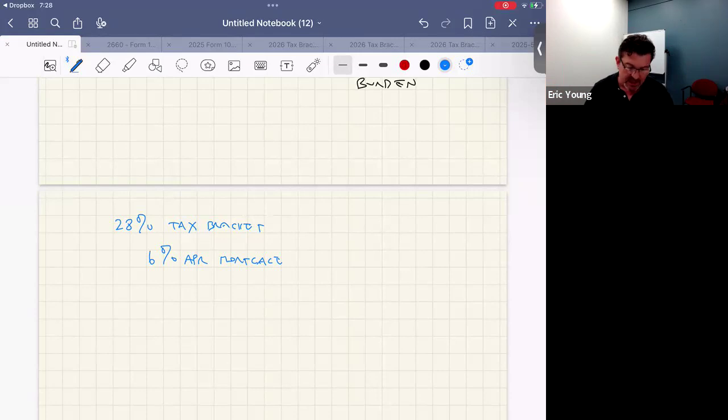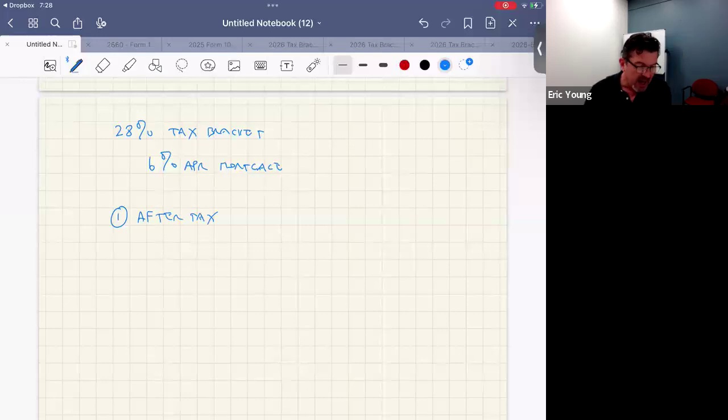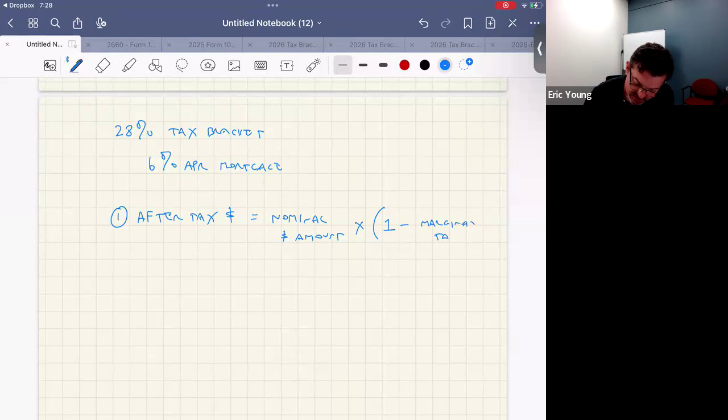Here's the implication. Ready? Here's a couple of formulas for you. Formula 1. Your after-tax dollar amount is equal to your nominal dollar amount multiplied by 1 minus your marginal tax rate.